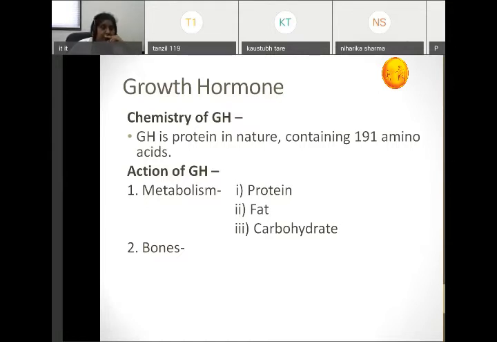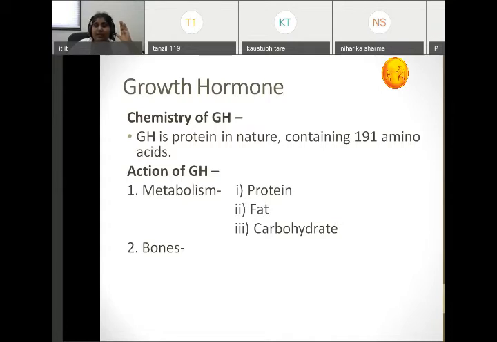Now, important one is bone. This growth hormone is responsible for the physical growth of a person. If the person is 3 years old, the growth is like this, at 5 years like this, up till it achieves puberty, up to 18 years, the growth hormone secretion increases.